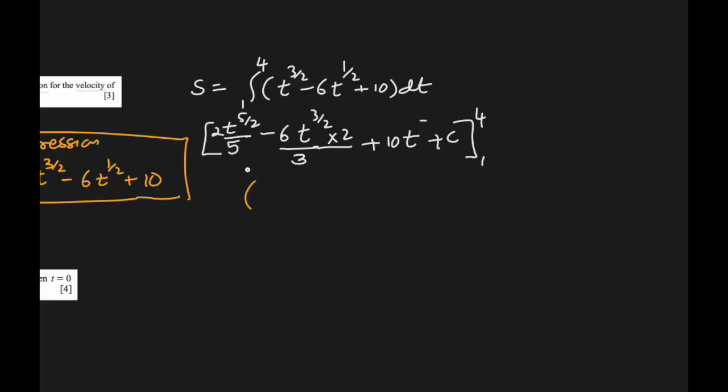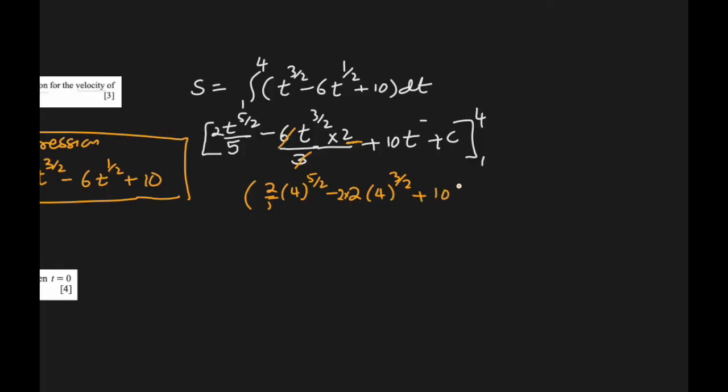So let's do it. t is 4 for us. So 2 over 5, 4 to the power 5 over 2, minus 6 and 3 can cancel. 2, 4 to the power 3 over 2 and one more 2. So it becomes 2 times 2, 4.